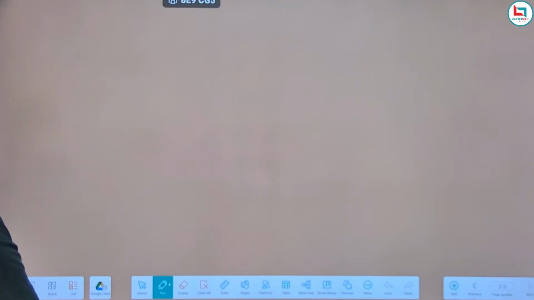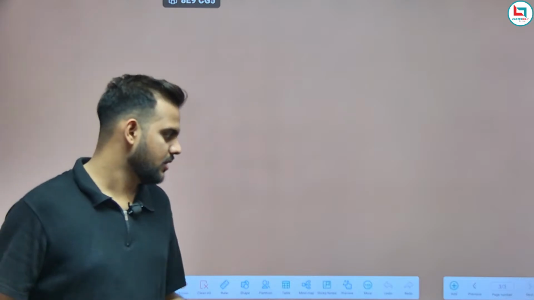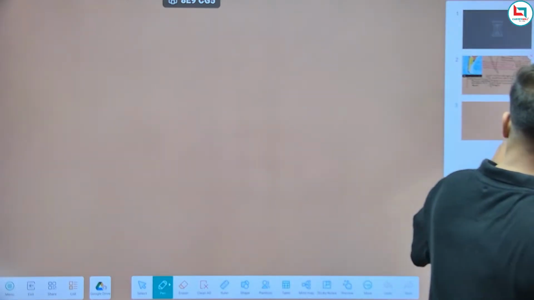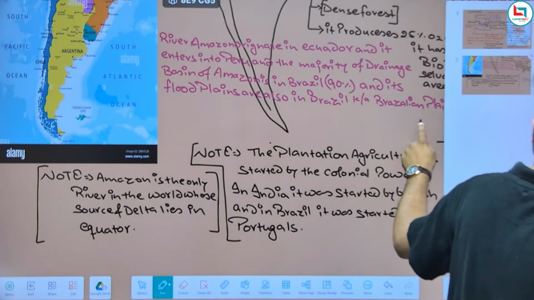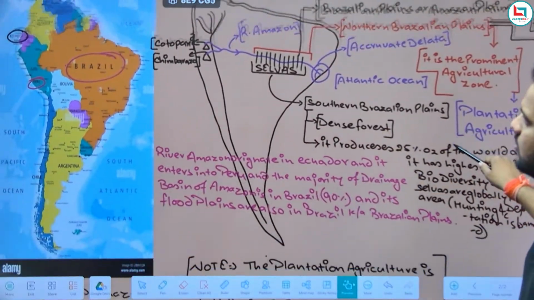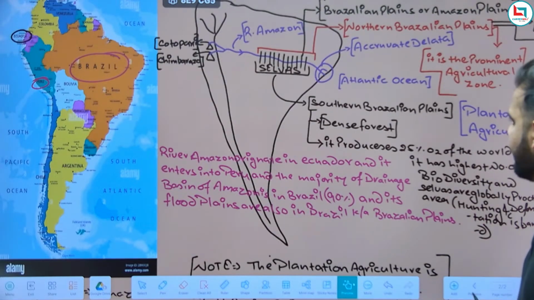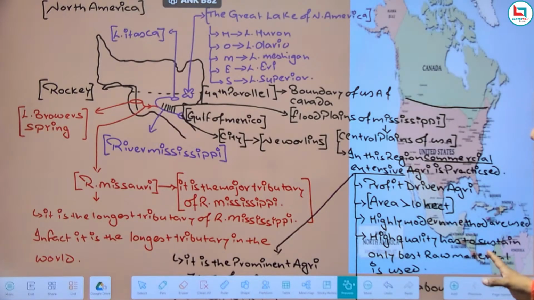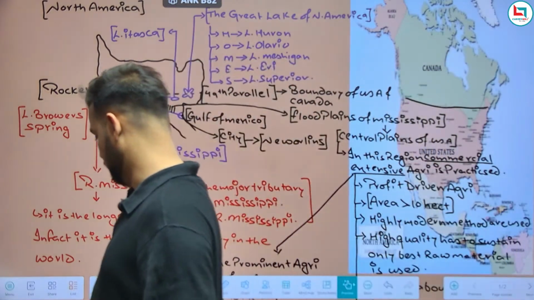The next one is South America, and we have the next river, the river Parana. I'm not going into more detail, because I want that you people should not get confused by extra information. I guess this information is more than sufficient for you.